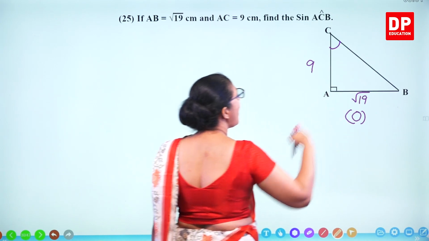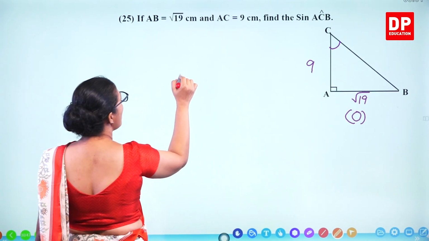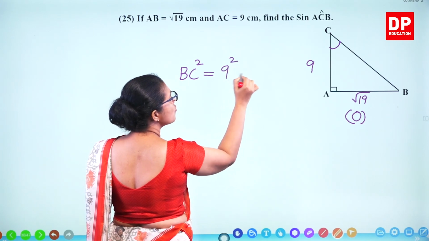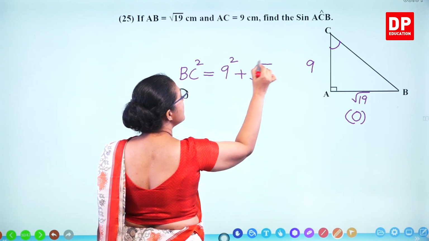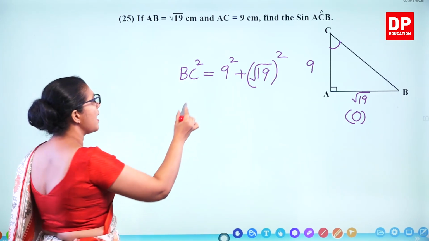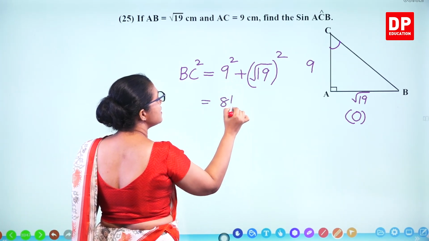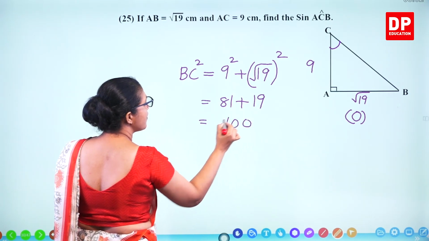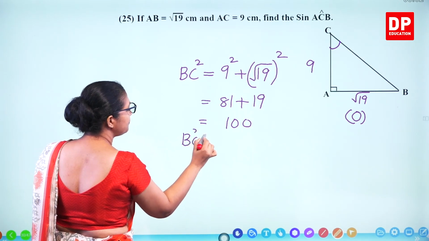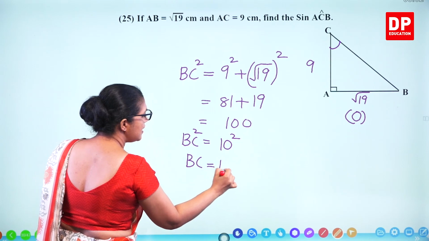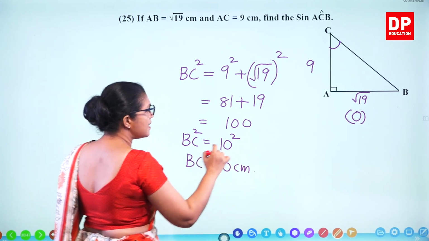So you need the hypotenuse. So what is BC squared? Use Pythagoras theorem. So you get 9 squared plus root 19 squared. Root and square get cancelled out. You get here 81 plus 19, 100. What's 100? That's 10 squared. So we can find easily BC is 10 centimeters.